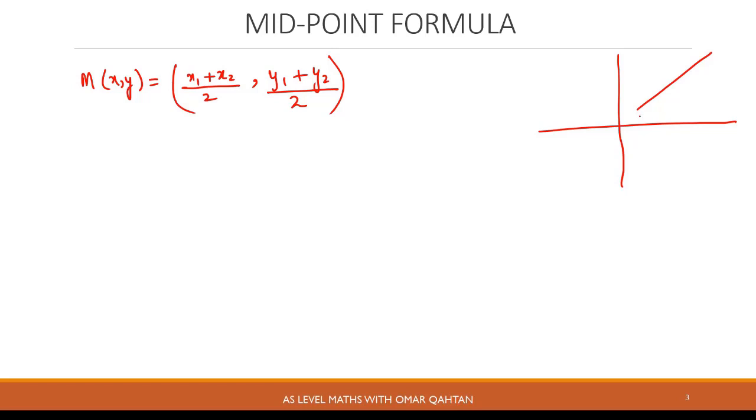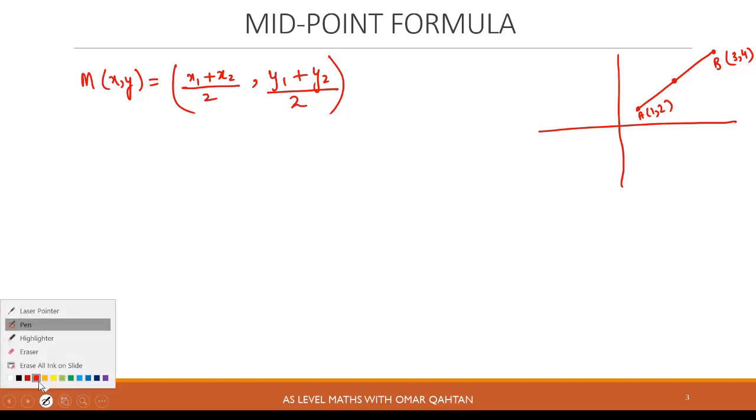We have 2 points A (1, 2) and this B (3, 4), and we want to find the midpoint of this A and B, or the line AB. So it should be here somewhere. And I have to find this point.